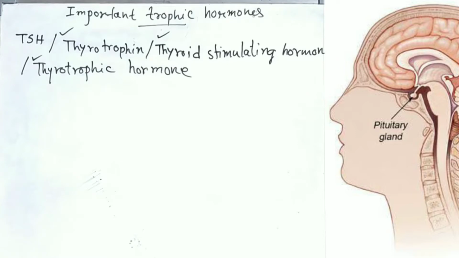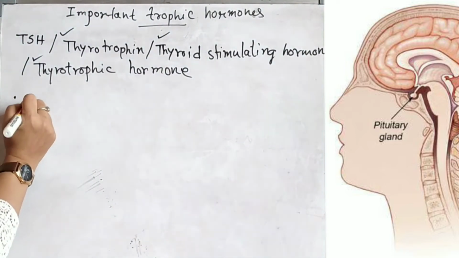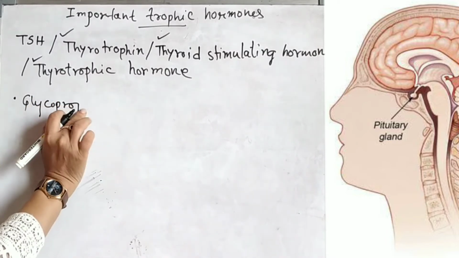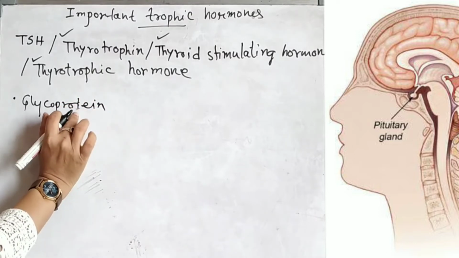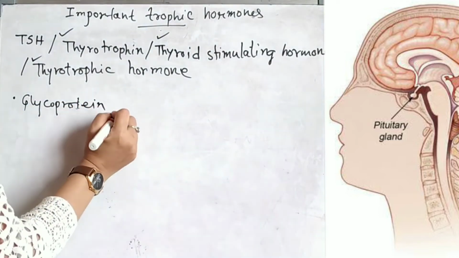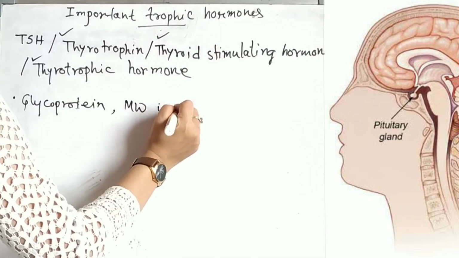The TSH is a glycoprotein having a molecular weight of about 25,000.